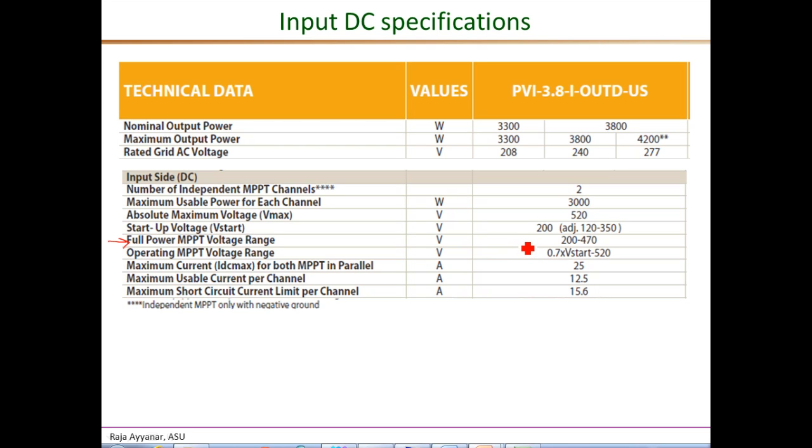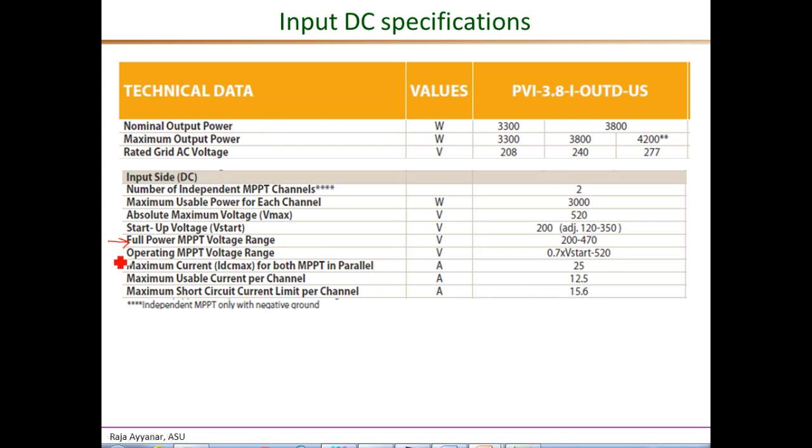So for a given PV configuration and characteristic, as long as the maximum power point voltage for that string happens to be between 200 and 470 volts, then this inverter will capture the maximum possible power from that string and deliver it to the grid, as long as the maximum power is within the power rating of the inverter.